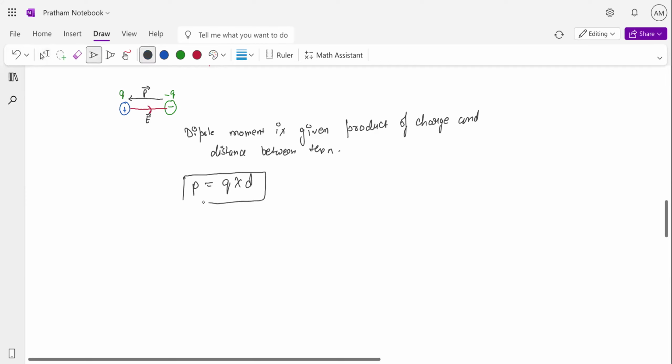Yes. But one more thing. In general, as per the book's term, d is very small.